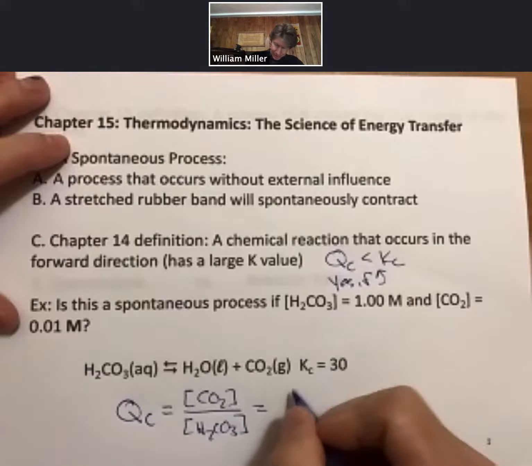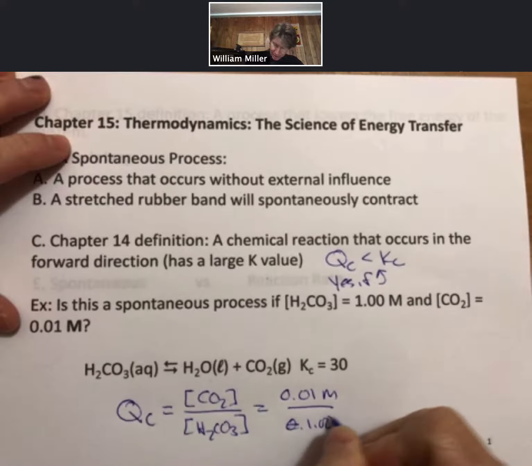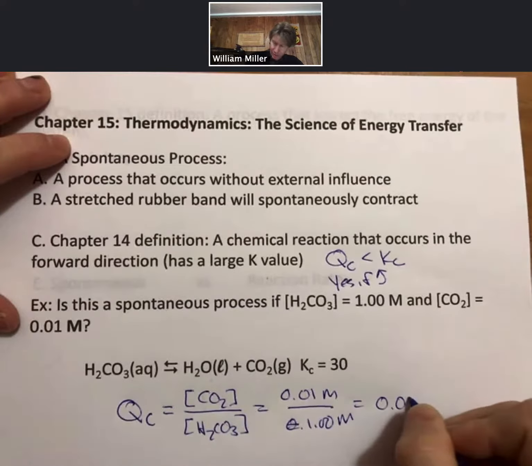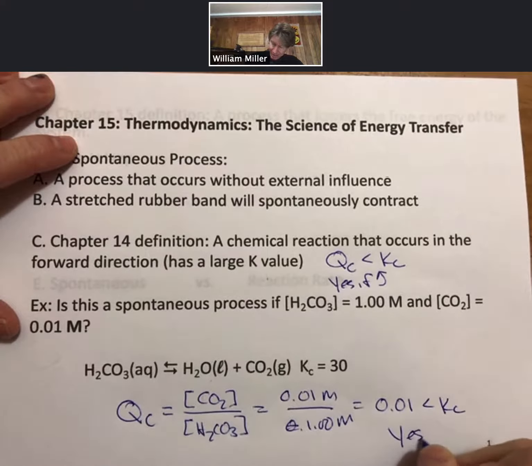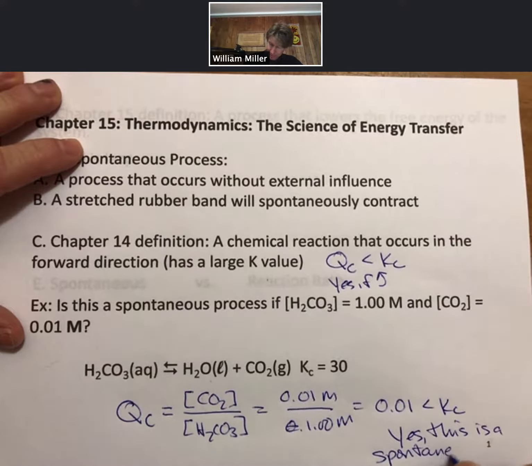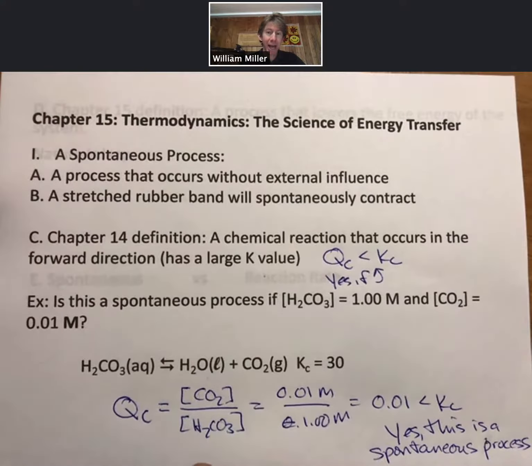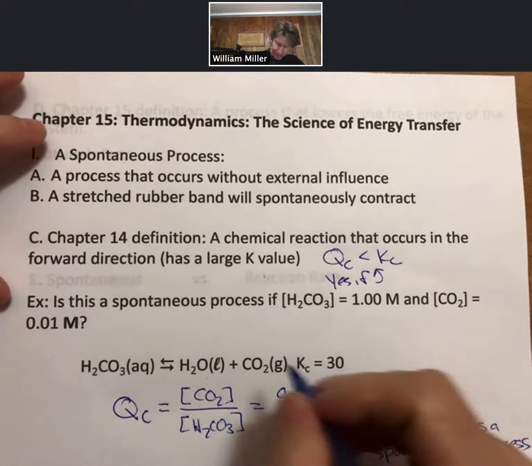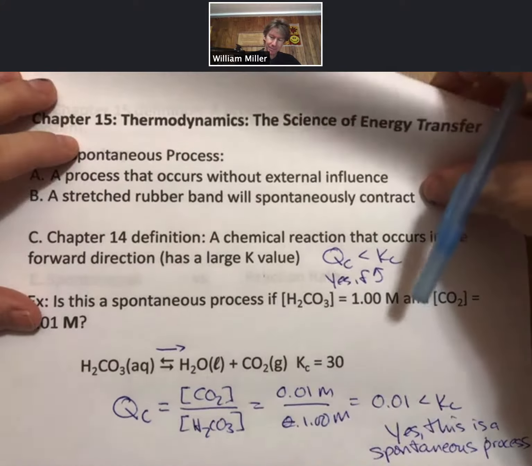Plugging in our numbers, 0.01 molar over 1.00 molar, we just get 0.01 for our Qc, which is less than our Kc. Yes, this is a spontaneous process. We could also say it's a spontaneous reaction. That's the process that's occurring. Yes, this reaction will occur in the forward direction. All equivalent ways of saying the same thing.